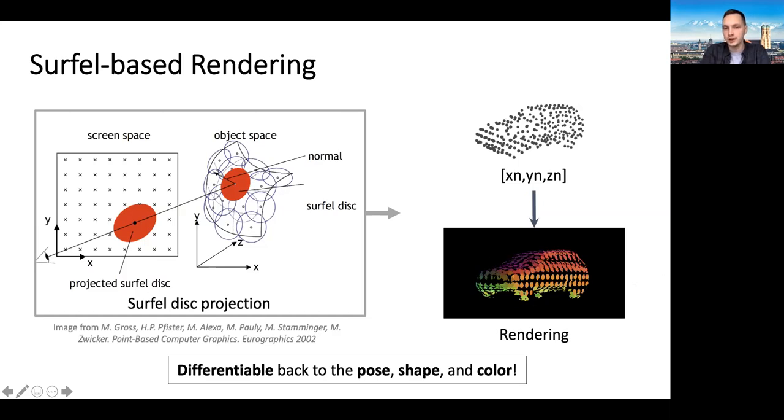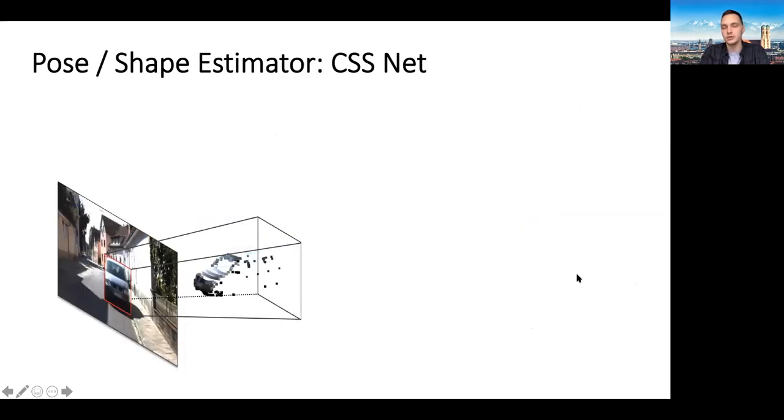What's cool is that we also implemented differentiable surfel-based rendering, based on ideas similar to SoftRAS. You can check it out in the paper, but it allows us to differentiate back to not only the pose but also the shape of the object, and you can also potentially optimize over the color. I'm going to show you how it works later with the demo.